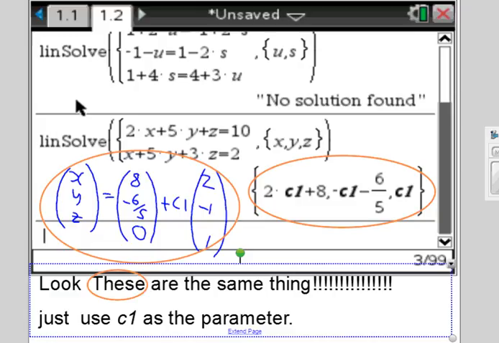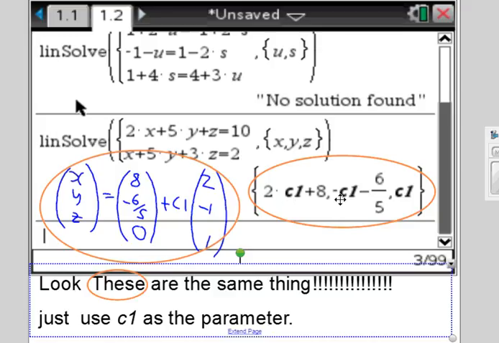Now, interestingly, if you were to type that system into your calculator, it actually tells you the equation of the line. Only instead of lambda or t or whatever our parameter is, it uses c1 as a default. And if you look really closely at this, you will see it's telling you the x coordinate is 2 times the parameter plus 8. That's what this is.